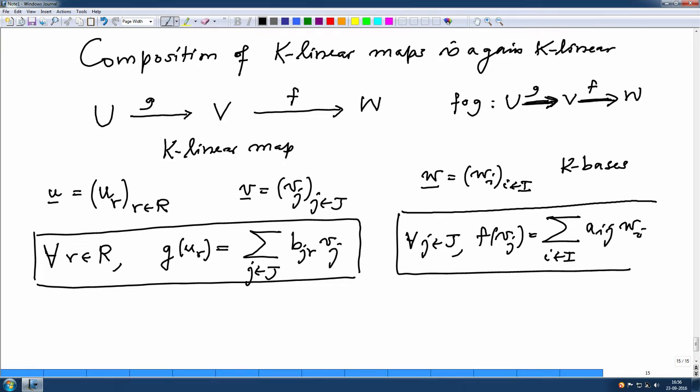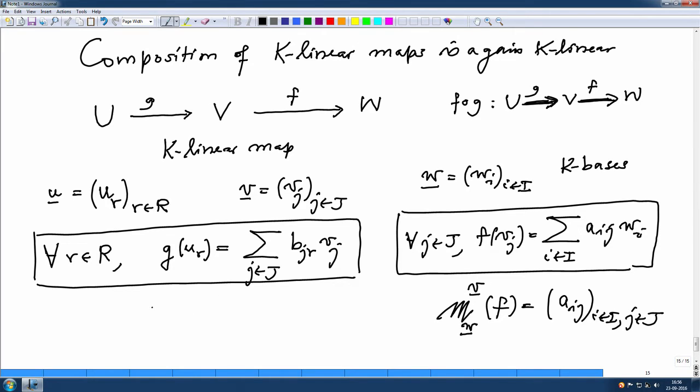These equations will give you the matrix of F. This will give you a matrix from basis V to basis W. This is the Aij matrix, i in I, j in J, and for G this will give you a matrix M from the basis U to V. This is by definition the matrix Bjr.